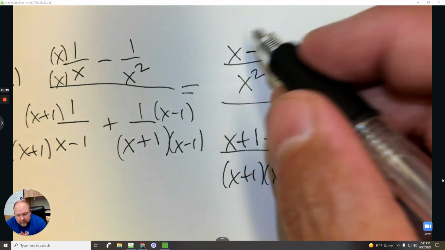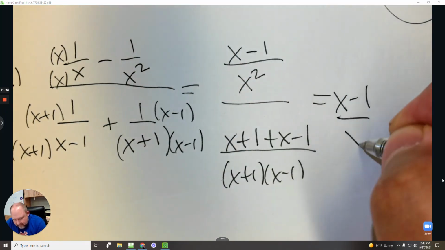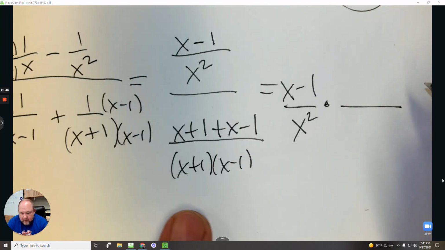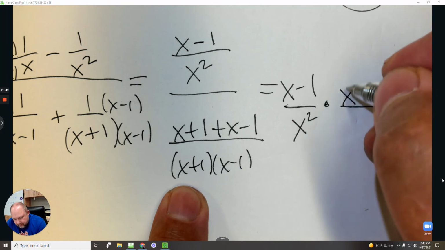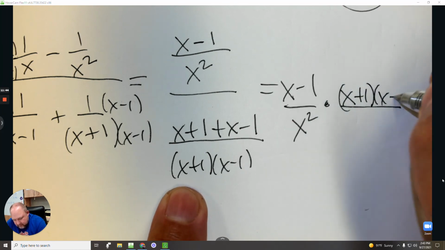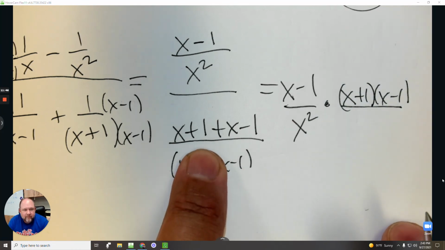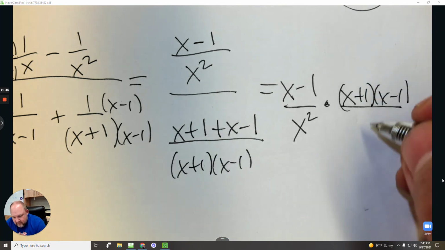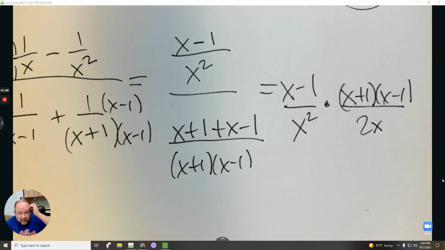So I have the numerator as one fraction, and then I'm going to change it to multiplying by doing the reciprocal. So this now, if we flip it, becomes the numerator. This, 1 take away 1 is 0. So this is just 2x. That becomes the denominator.